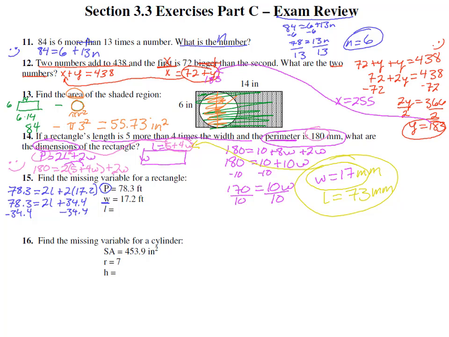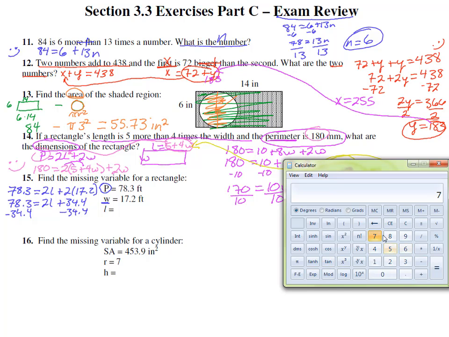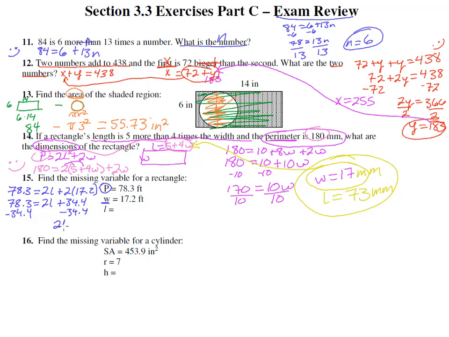Oh, we may need that calculator a little bit. 78.3 subtract off 34.4 equals 43.9. So we get 2L equals 43.9. Now, how do we get that L by itself? Well, we divide off that 2.